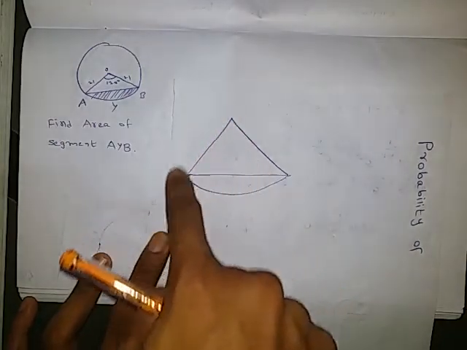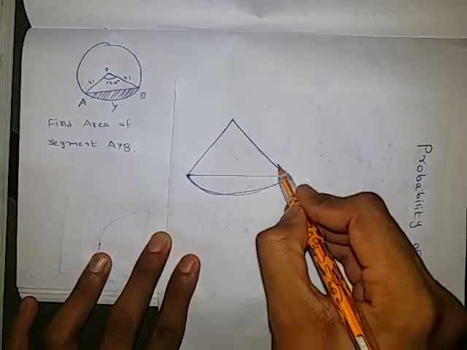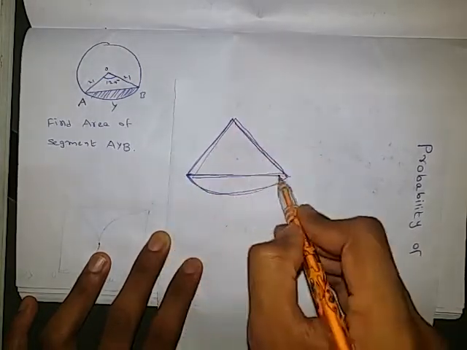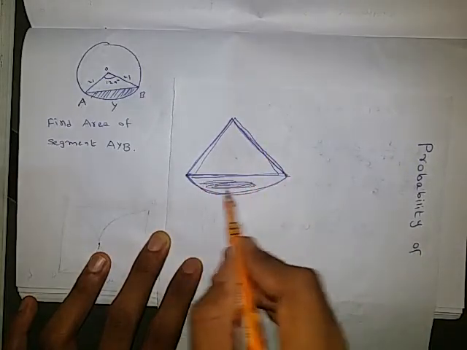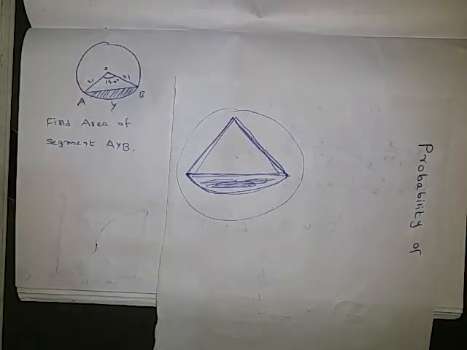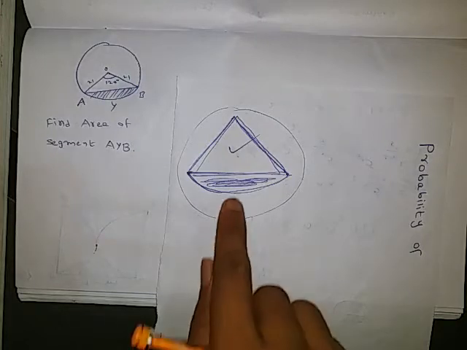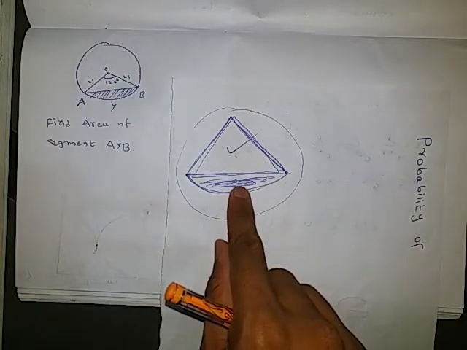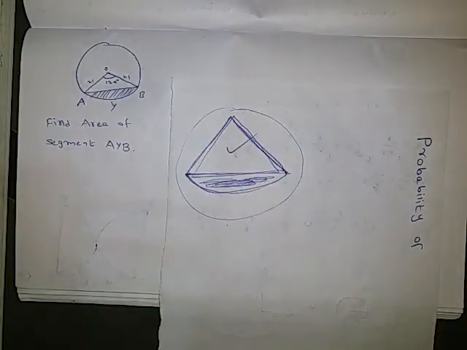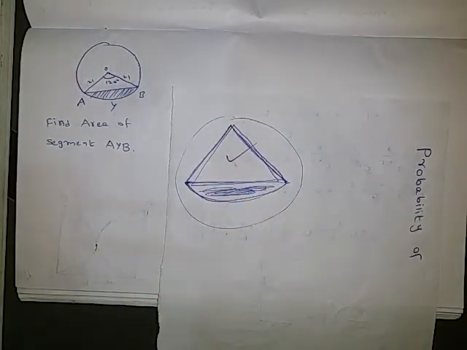Now this total figure is a sector and this upper figure is a triangle. So we need to find the area of the shaded part, that is sector area minus triangle area. To get this, we need to subtract the smaller part from the total part.